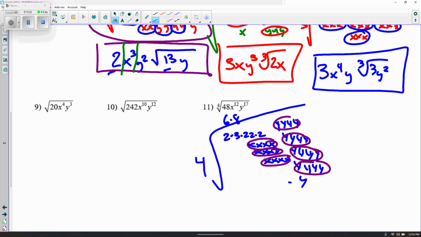Circle all the quadruplets. I can get that one. You can watch this. The 3's not circled. So a 2 goes out front, an x to the third goes out front, a y to the fourth is out front.